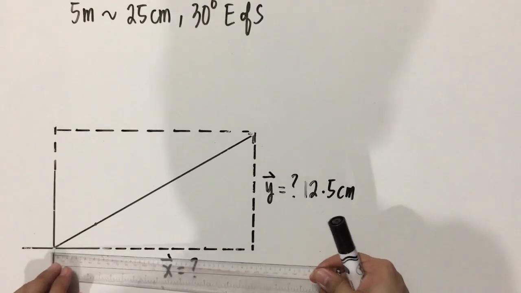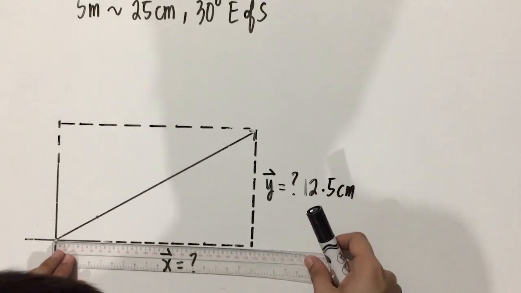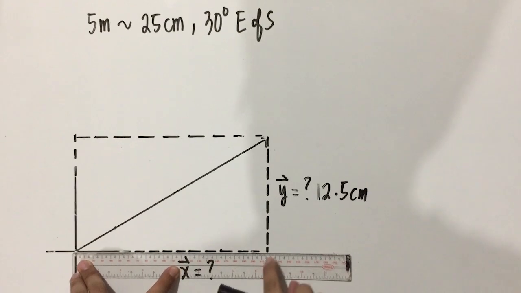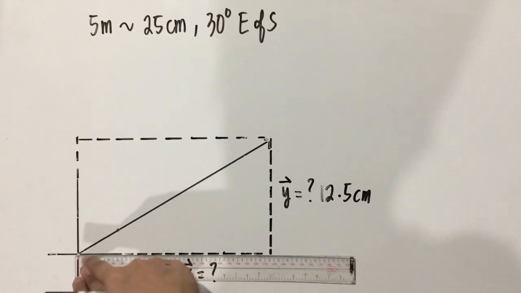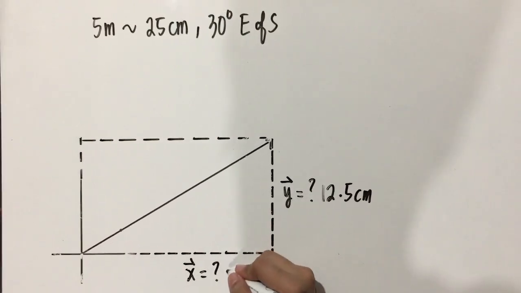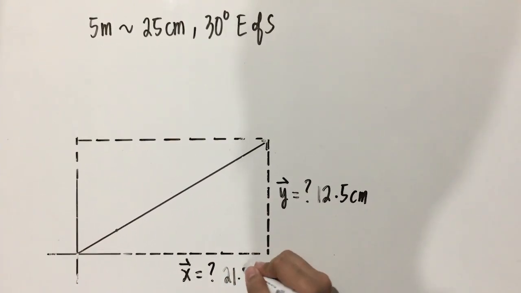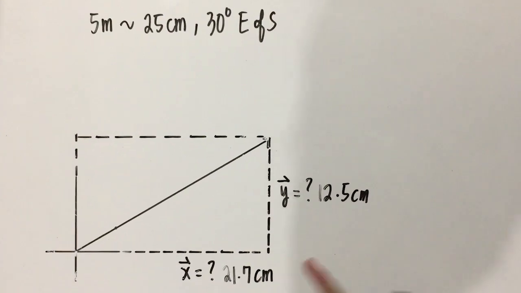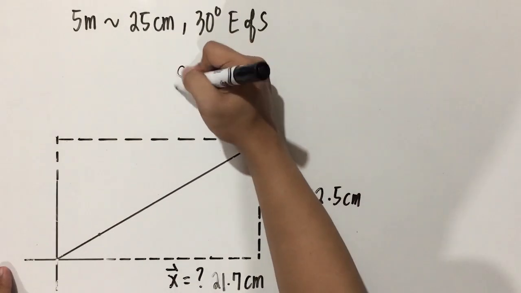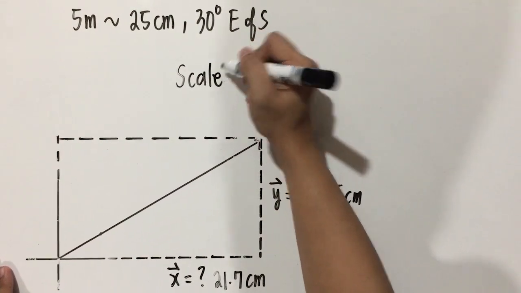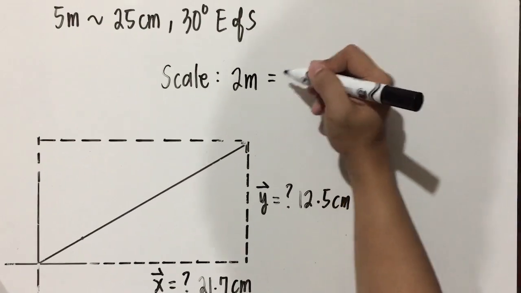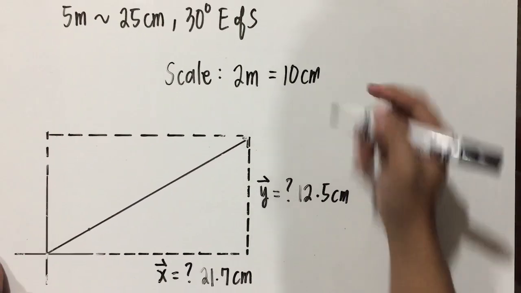And for the x, let's see, place the ruler properly in order to measure it. So we have now a value for x, which is 21.7 centimeters. Okay, let's write again the scale in order for us to write the measured components into real units.